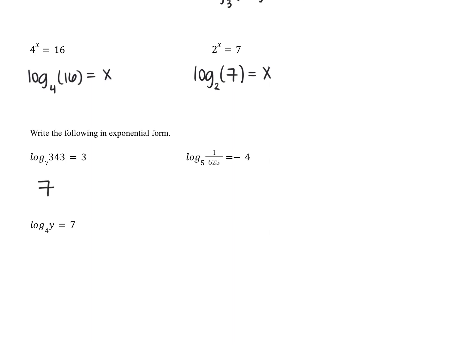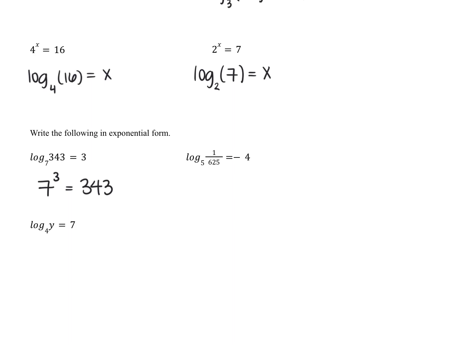What you're equal to becomes your exponent, 3, and then equals what's inside, 343. The nice thing about this is you can always double check that you've converted from logarithmic to exponential form correctly because you end up with a true statement. If I were to do 7 cubed in my calculator, I should end up with 343, which we do.